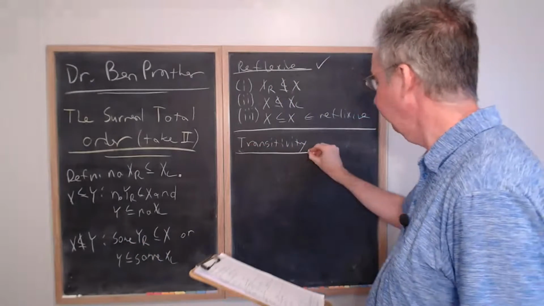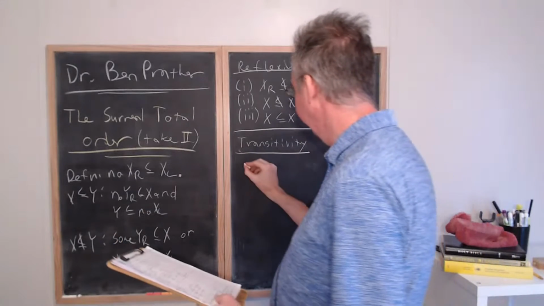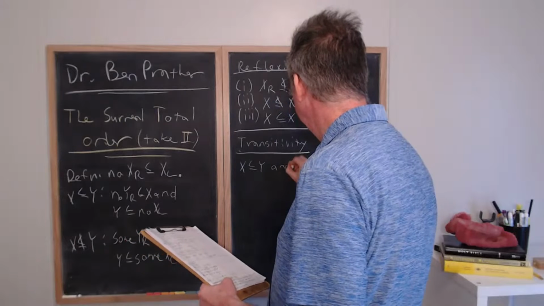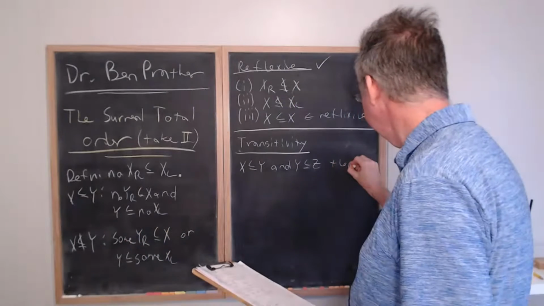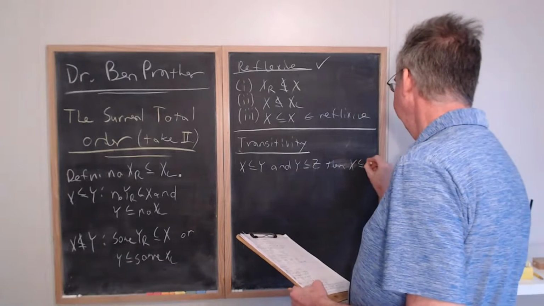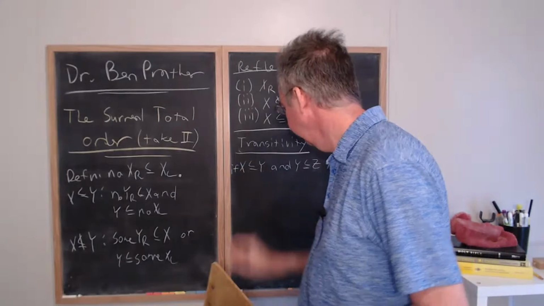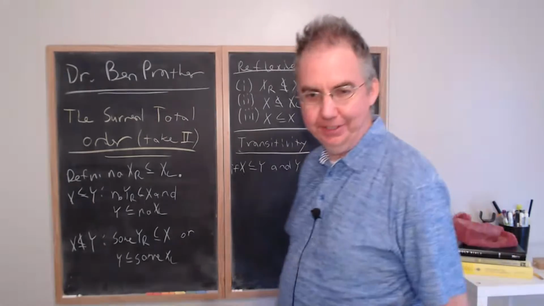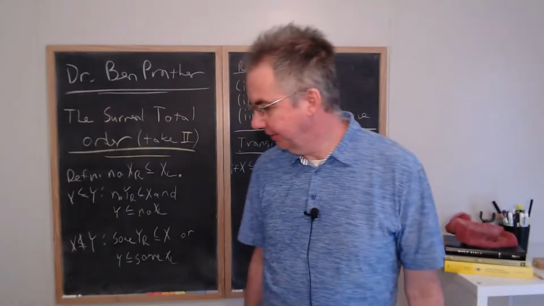Transitivity. So for transitivity, what we need to have is that if x is less than or equal to y, and y is less than or equal to z, then x must also be less than or equal to z. Okay, so we're actually going to prove this one by a common proof technique.